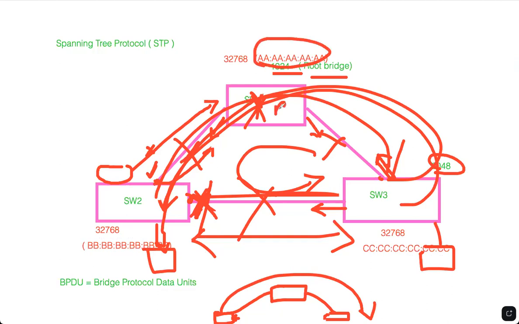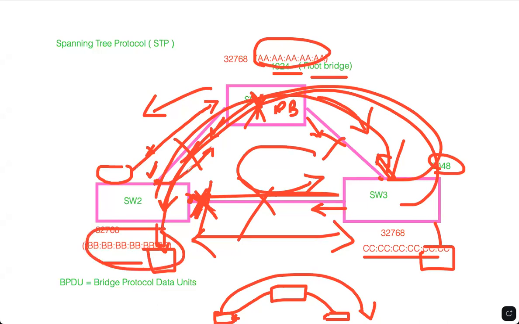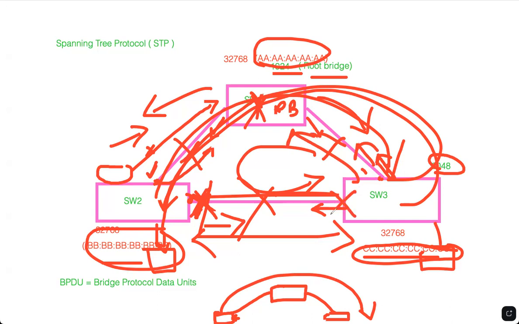So this becomes the root bridge. So this port will be in the forwarding state. This port will be in the forwarding state. So out of B and C, this is the lowest priority. So now this port will be in the forwarding state and this port will be in the forwarding state. So this is the one which has the highest MAC address. So it can either block this one or this one. But because this port is closest to the root bridge, this one will be in the forwarding state and this port will be blocked.